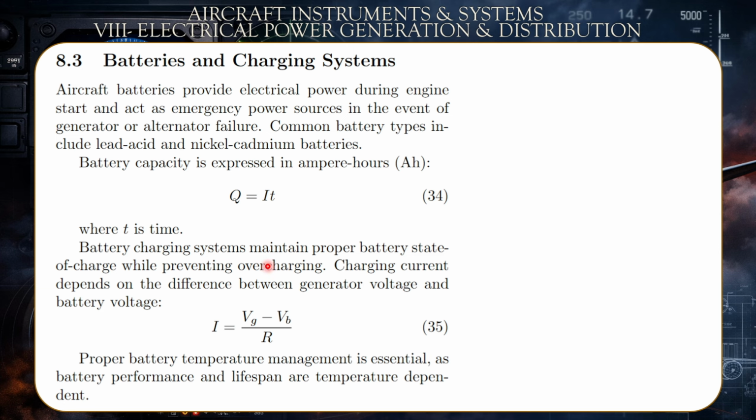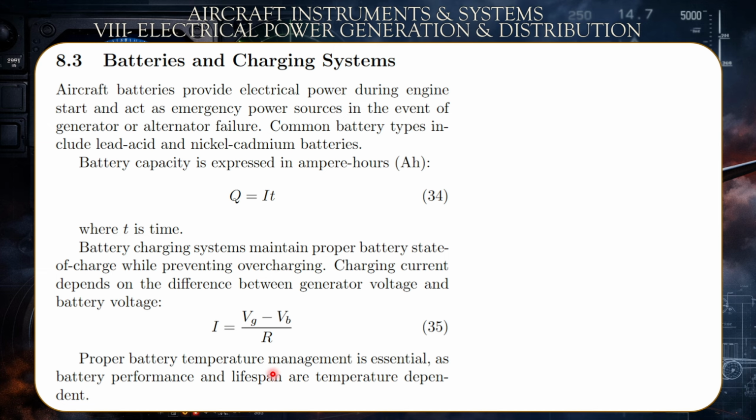Battery charging systems maintain the battery state of charge while preventing overcharging, which is important. Charging current depends on the difference between the generator voltage and battery voltage. This is the charging current: I equals the voltage of the generator minus the voltage of the battery, divided by R, the resistance.